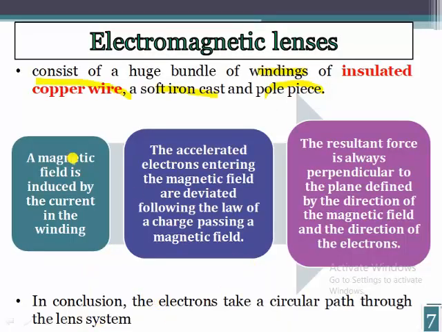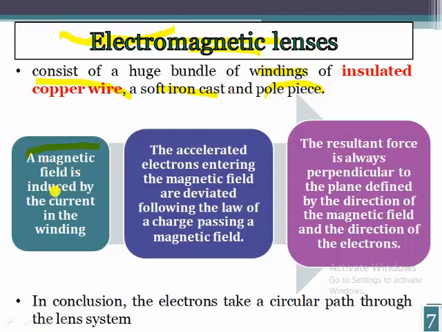Now see how an electromagnetic lens will work. First, you can see there is a name, electromagnetic lens, meaning obviously there will be electrons. Then magnetic means there should be a magnetic field. So how is it produced?